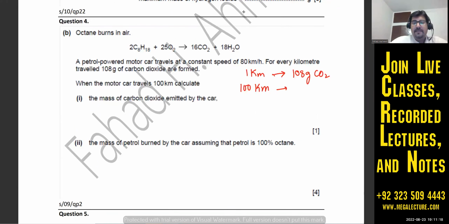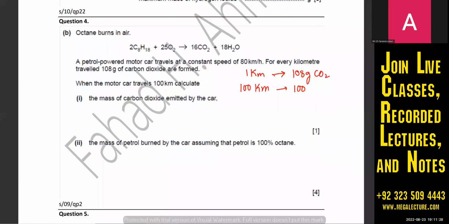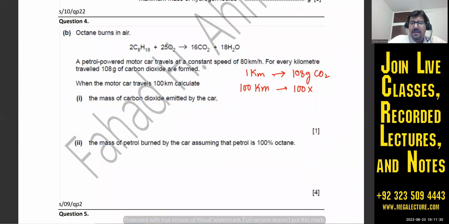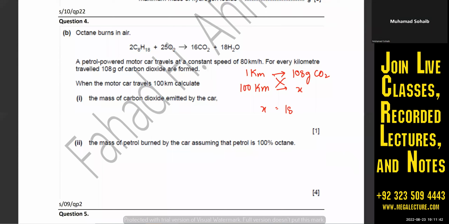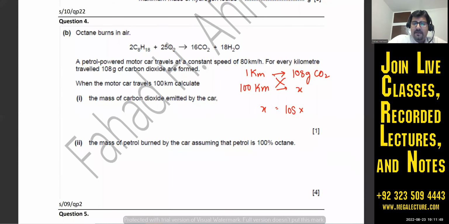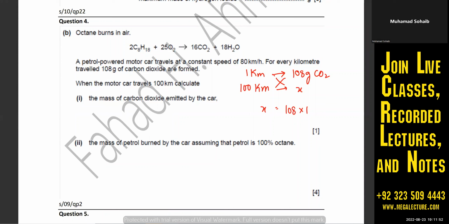It's 1 kilometer, it produces 108 grams. So for 100 kilometers, cross multiply: 100 multiplied by 108, x is equal to 10,800.